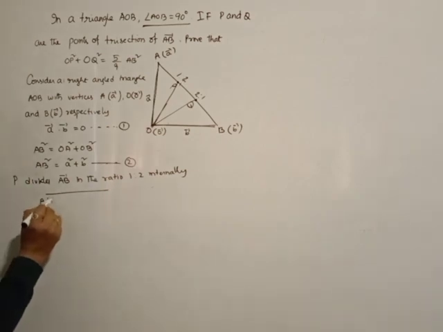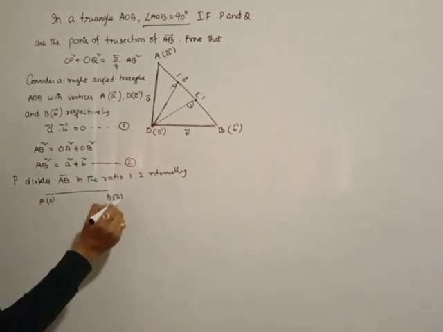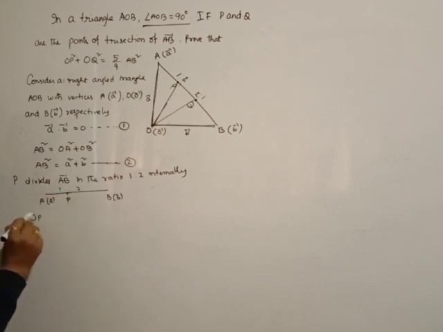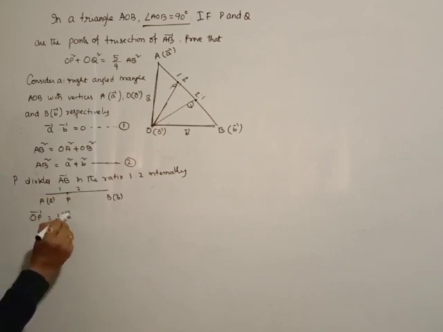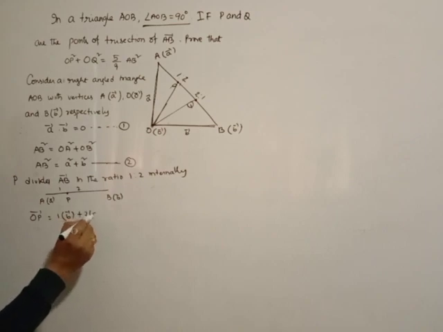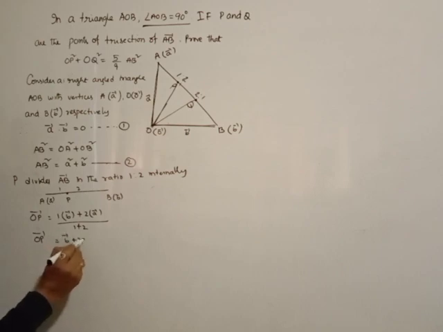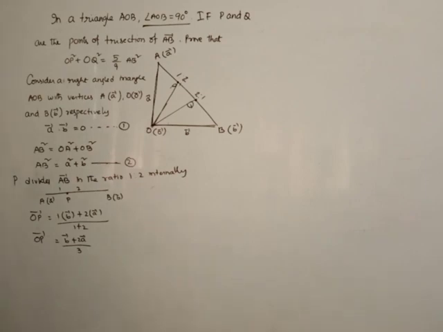It is A bar, it is B bar, it is the point P, with ratio 1, 2. So OP bar is equal to 1 into B bar plus 2 into A bar by 1 plus 2. So OP bar is equal to B bar plus 2A bar by 3.